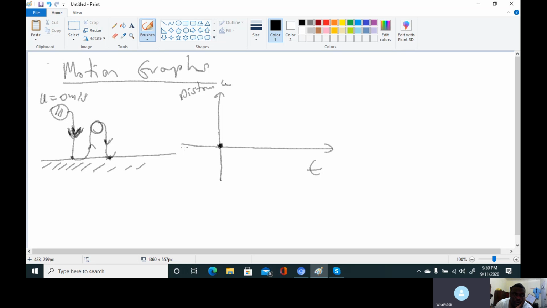As the ball moves from this point here, A, to the point B, then moves to C, then moves to D, distance increases. So distance is scalar. I can just draw a straight line, that's A to B. That's when it hits the ground. Moving to C again, I draw a shorter line, not going to go as high. This is now C.